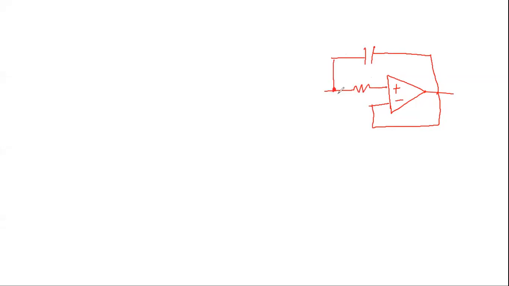You connect this one in between, and then the other resistor is here. So this is the unity gain, and we have another capacitor here. This is the Sallen-Key circuit, and this is Vin, this is V out. Now we have equal R, so this is R, and this one is R also, and this is C1, and this is C2.